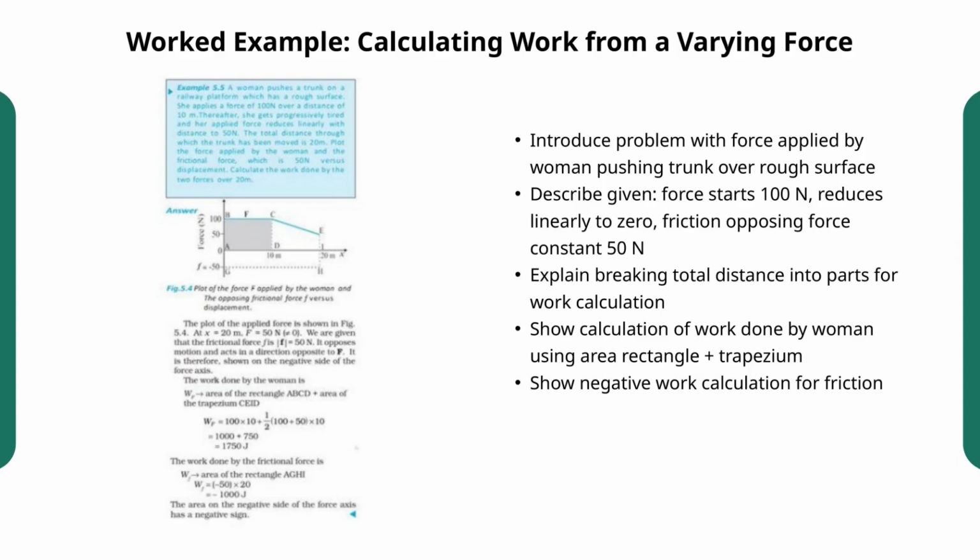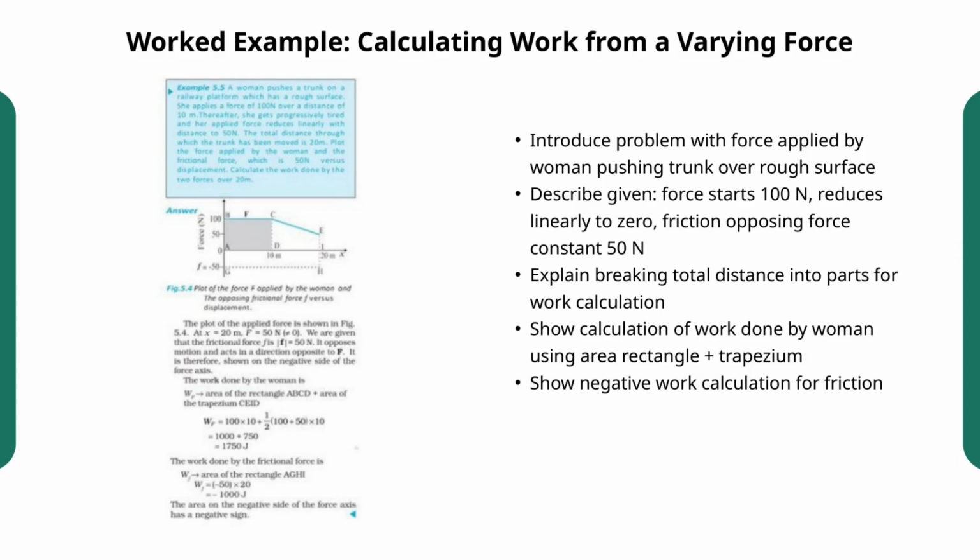The rectangle's area is height times width, 100 newtons times 10 meters, equal to 1,000 joules. The triangle area is half base times height, half times 10 meters times 100 newtons, equals 500 joules. Adding these, the woman's work done is 1,500 joules.